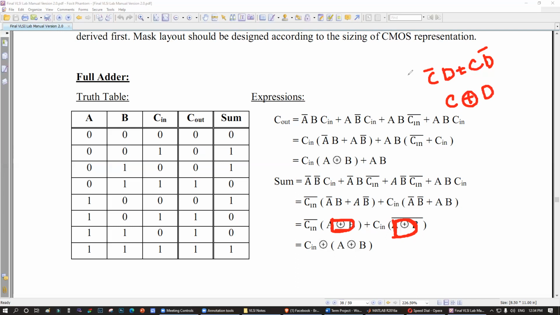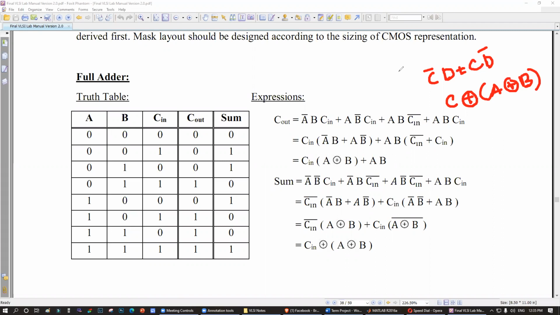Now what is D? D is A XOR B, right? So can I write in place of D, can I write this? Okay. Now look at this.